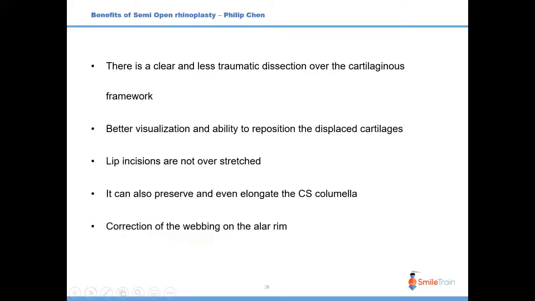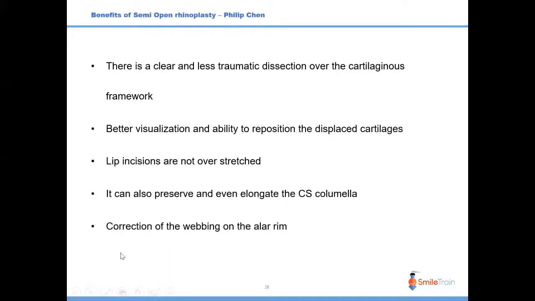Now, I'd like to enumerate some of the benefits of the semi-open rhinoplasty. One, because the dissection is under vision, you have a clear and less traumatic dissection over the cartilaginous framework.